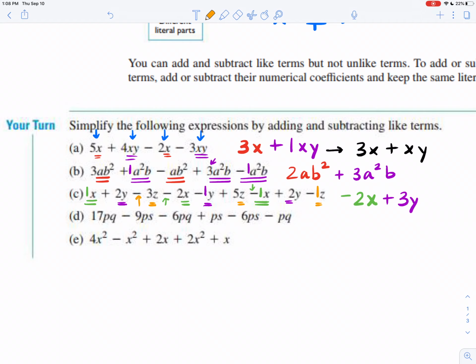Negative 3 plus 5 is positive 2. And then minus 1 is positive 1. So technically, I'm looking at a positive 1z. But remember, when there's a 1 in front of it, you don't have to include it. So this would more commonly be written as just z. At that point, I couldn't simplify anymore because the variables, the literal parts, are not the same.